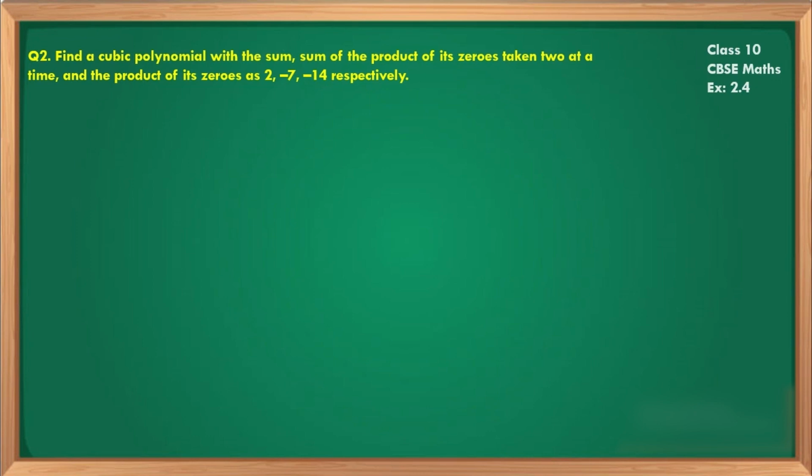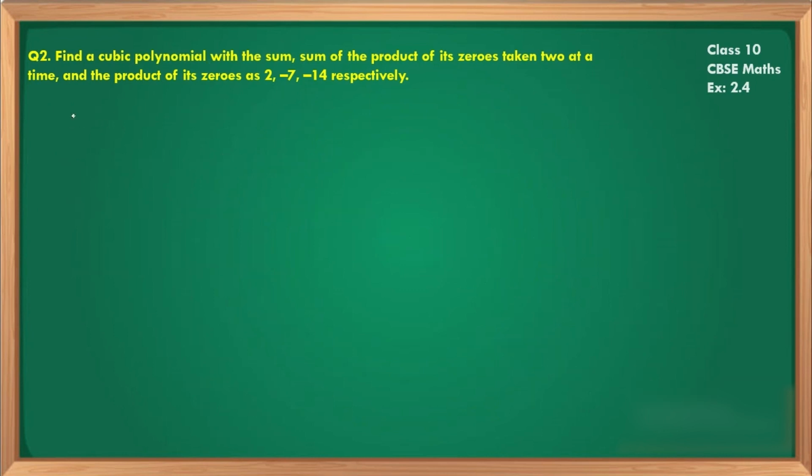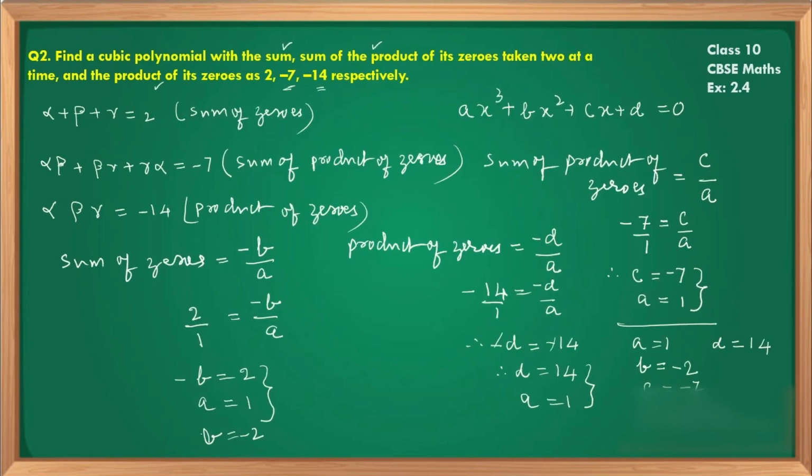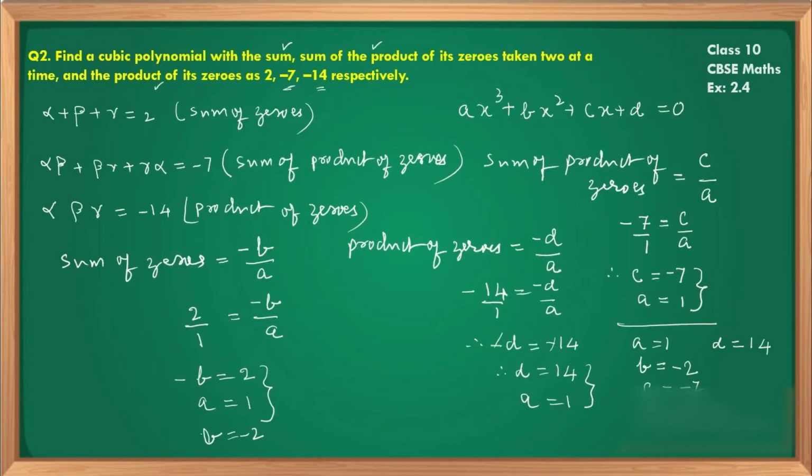Now we can write down the values in this page also. a is 1, b is minus 2, c is minus 7 and d is 14.